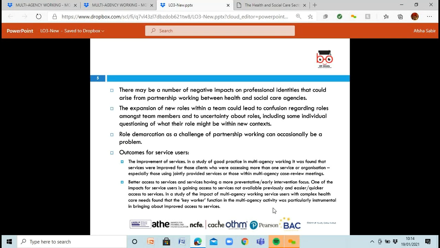Even though there's partnership working, there can actually be negative effects to this. Some of these can be confusion about your role. If you think about it, if you've been working in a particular role for many years, if you've been in a care home for many years, and now you're going to be liaising with the NHS community nurses, then it can become problematic.